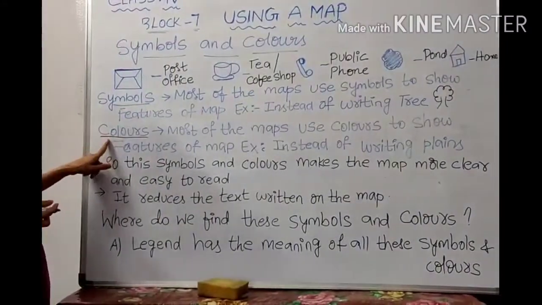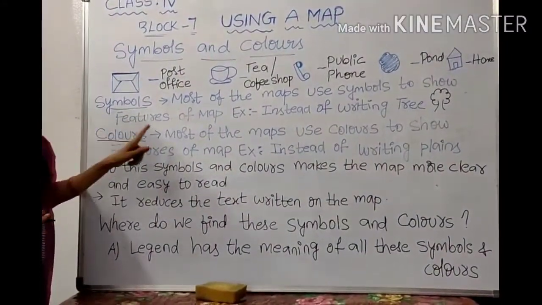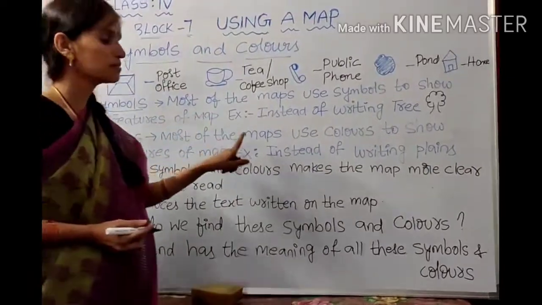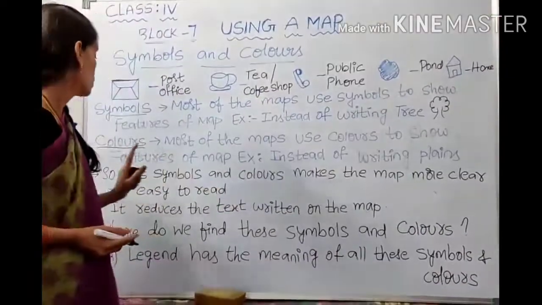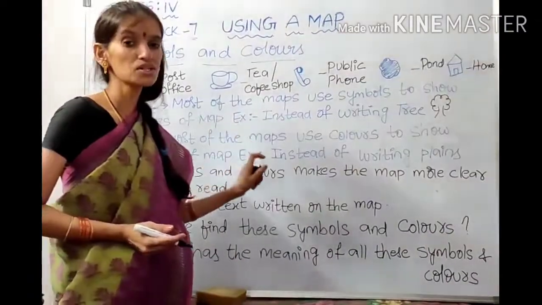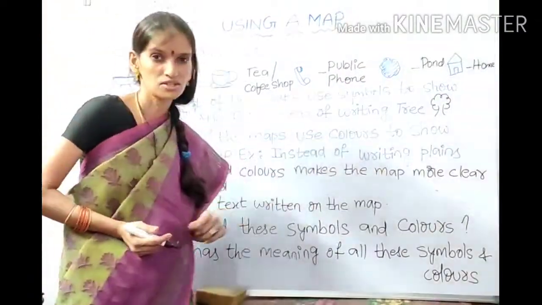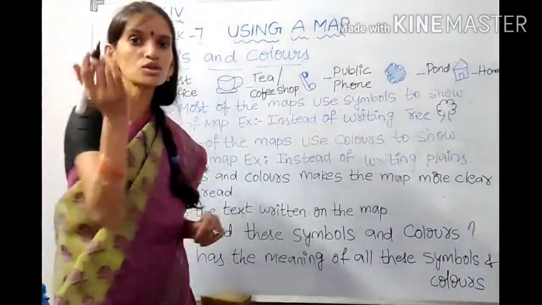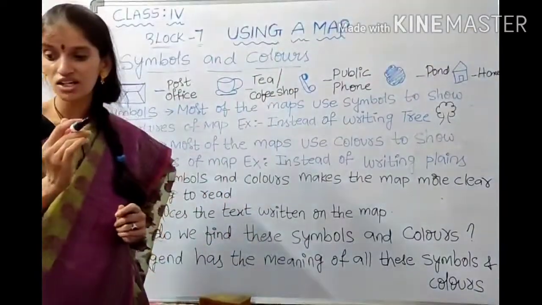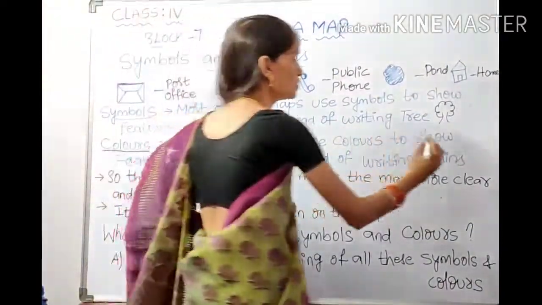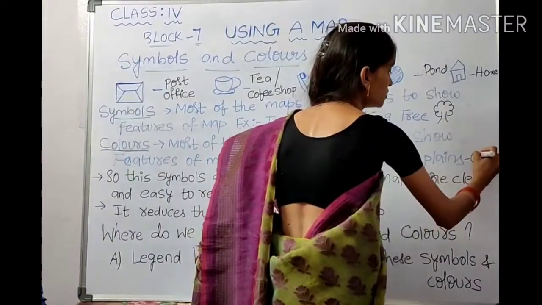And what do the colors tell us? Here also in the maps, they use colors to show the features. That means instead of writing plains, what will you show? The color green for plains.